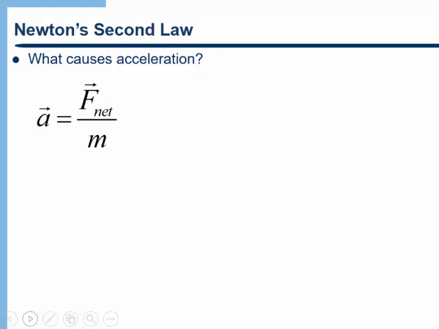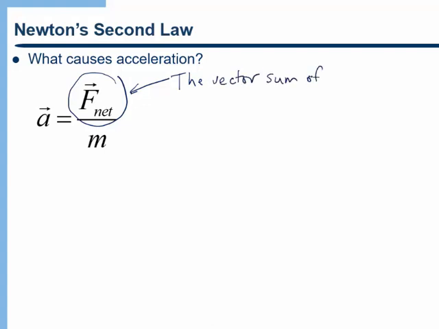Newton determined that the acceleration is equal to the net force acting on the object divided by the mass of the object. So remember that net force from our previous video, we said by the net force we mean the vector sum of all forces acting on the object.